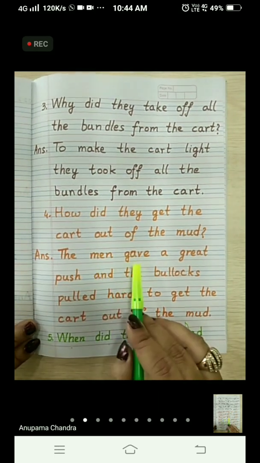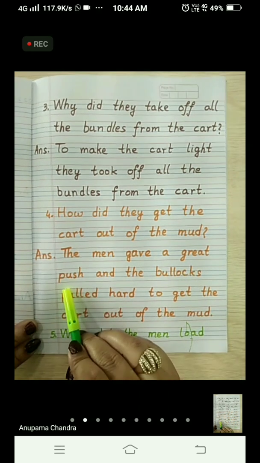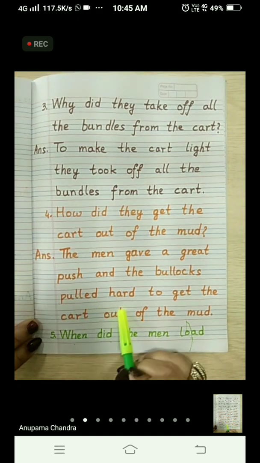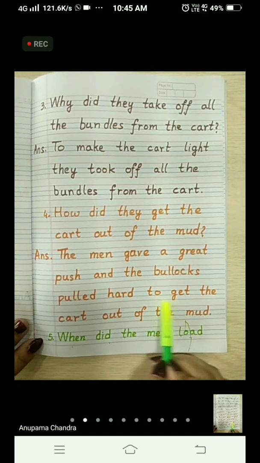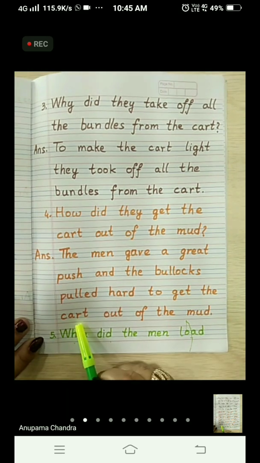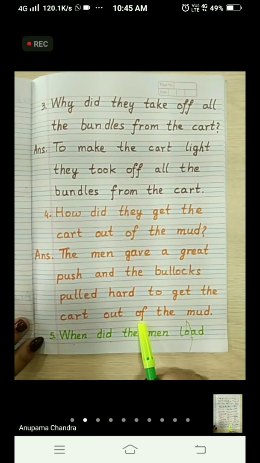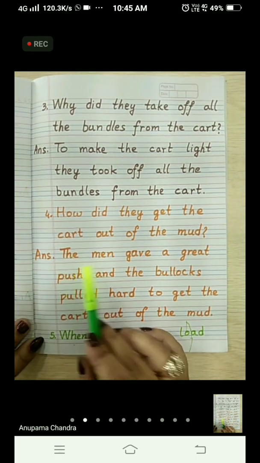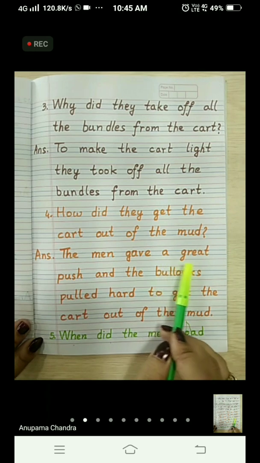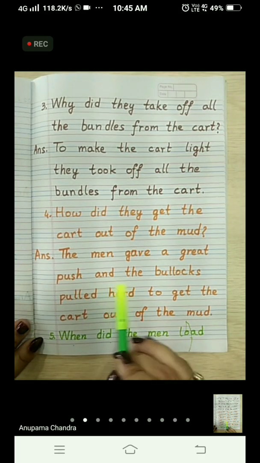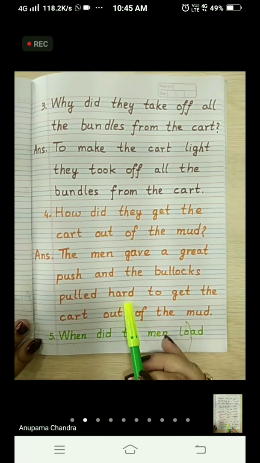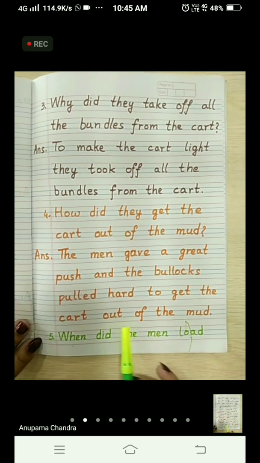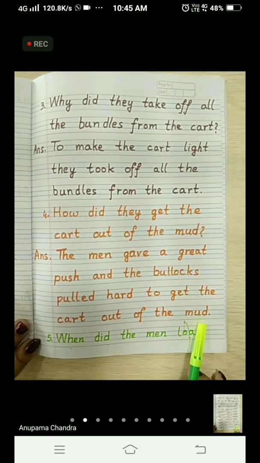The men gave a great push and the bullocks pulled hard to get the cart out of the mud. I repeat, the men gave a great push and the bullocks pulled hard to get the cart out of the mud.